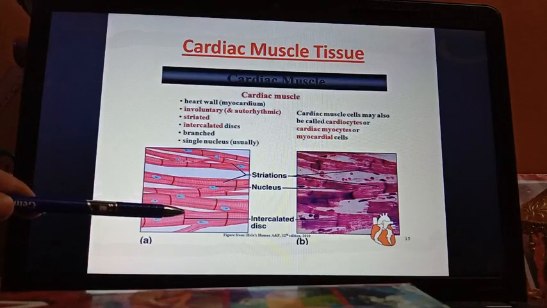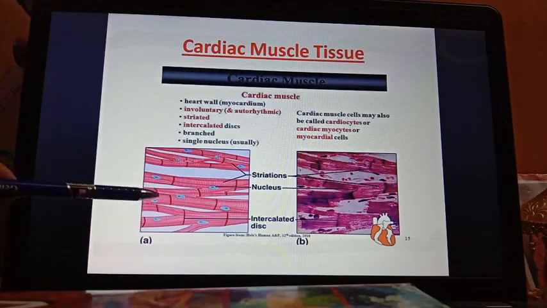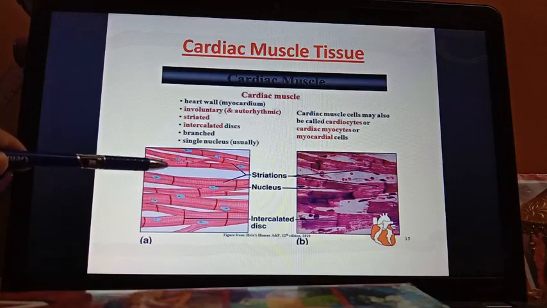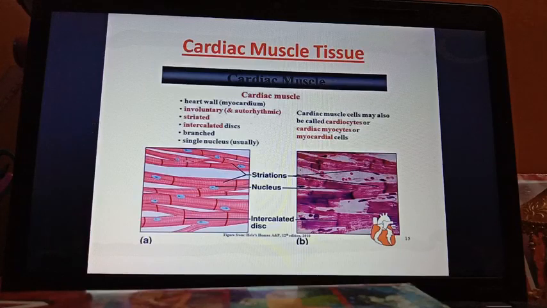Intercalated discs are present here. These all are intercalated discs. These are the structures that connect the branches of cardiac muscle cells with one another. Intercalated discs allow ions to pass freely from cell to cell.